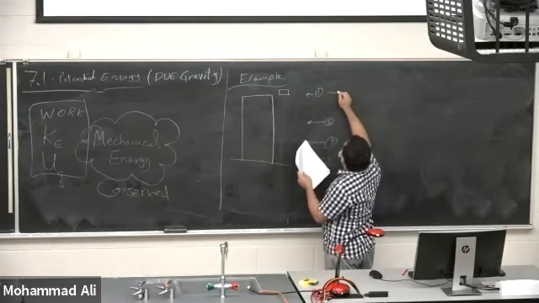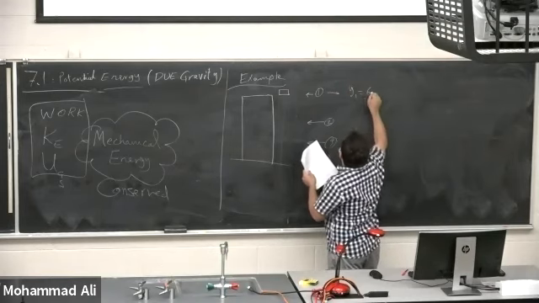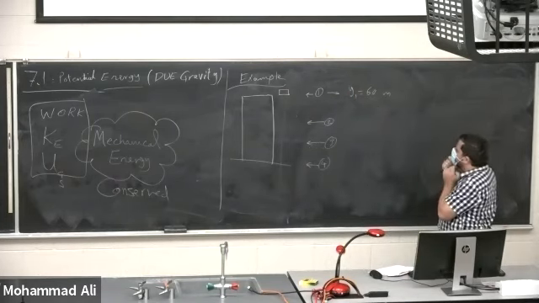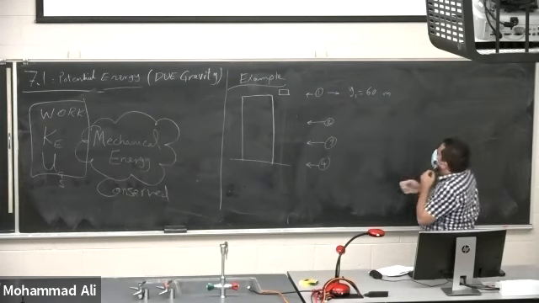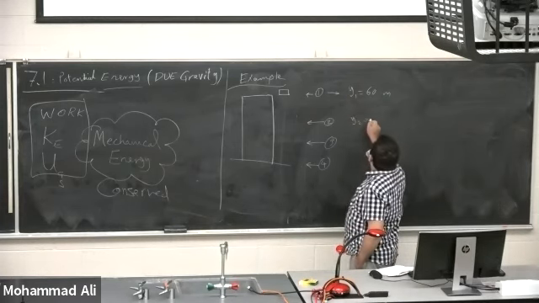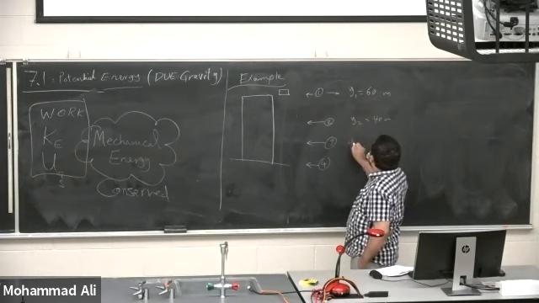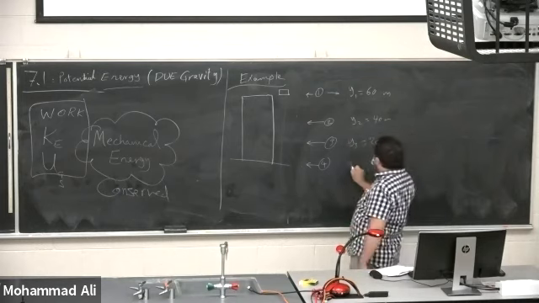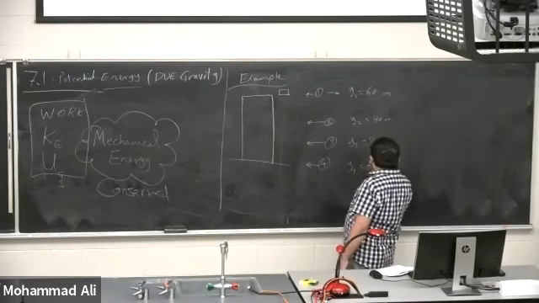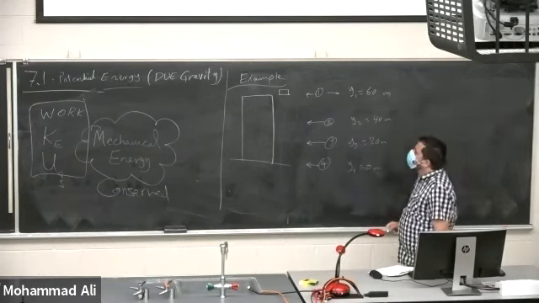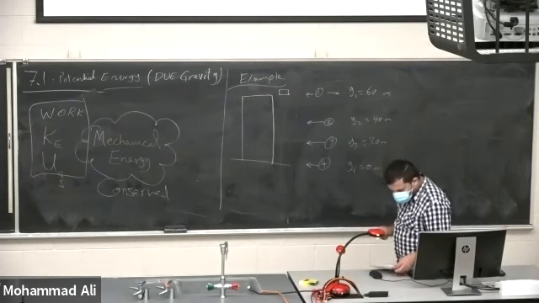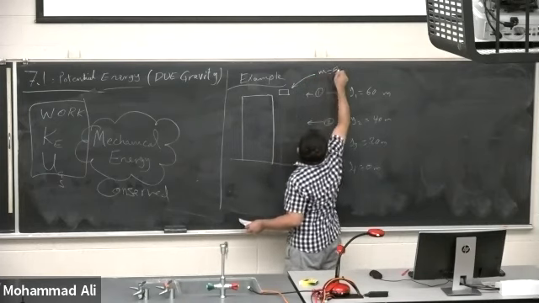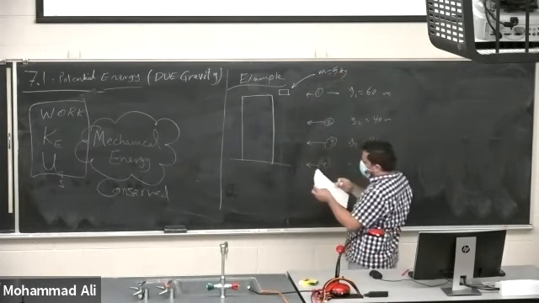Here, y1 is equal to 60 meters, as we see. y2 is equal to 40 meters. y3 is equal to 20 meters. And y4 is equal to 0. We have the mass equal to 5 kilograms.